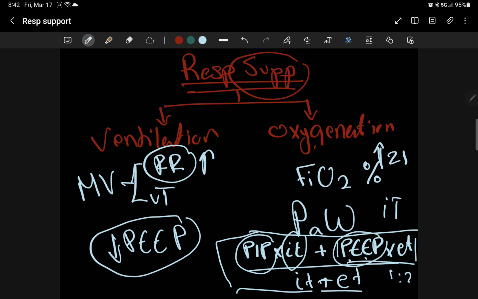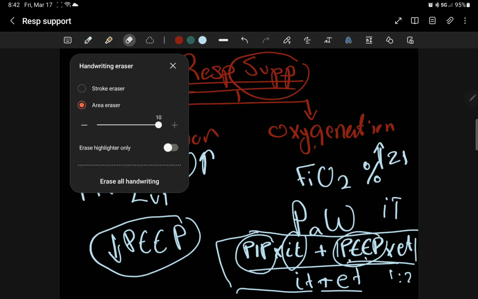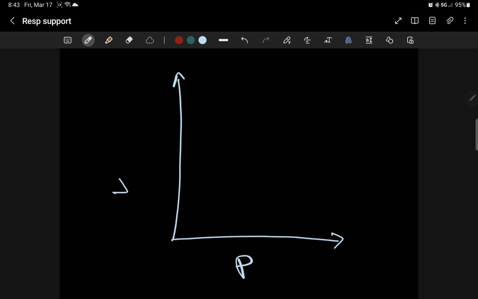So that being said, going back to the curves that I wanted to mention to you guys. The curves are basically like this. We have this curve, and you can see it on the Draeger modes on the vent, I think the second view. And this is basically the volume pressure loop curve. It basically tells us the patient is taking a breath, so this is the inspiration.